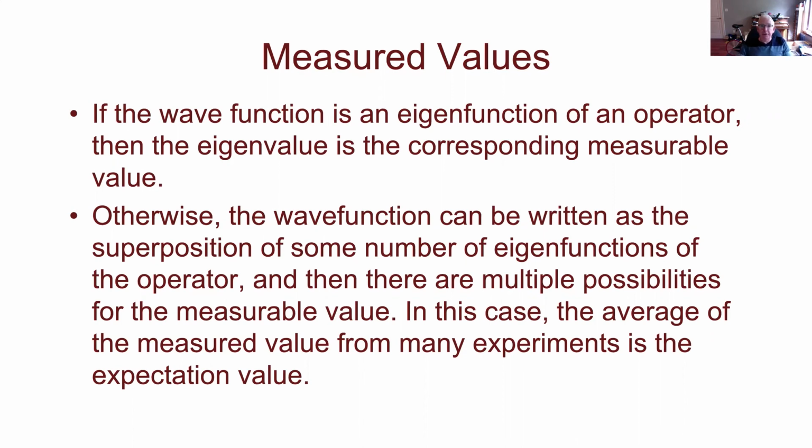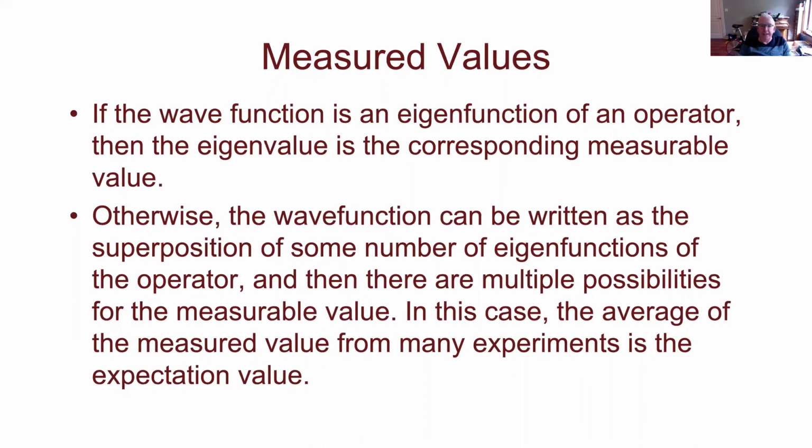If the wave function is not an eigenfunction, then I can take that and find myself an expectation value. One way to say that is the wave function could be written as a superposition of some number of eigenfunctions. If I took enough eigenfunctions, I could get something that represented the function I've got. There are multiple possibilities for the measurable value.